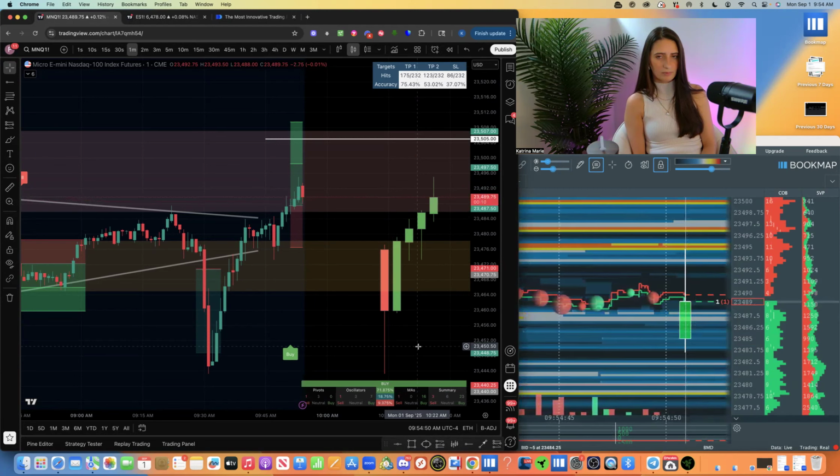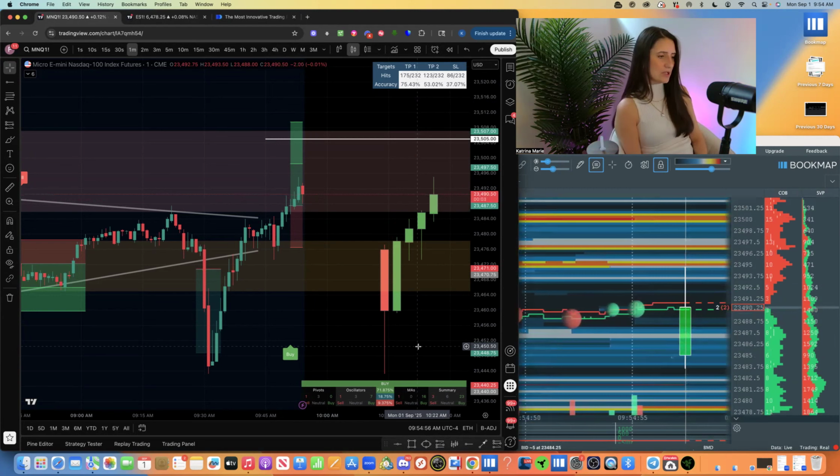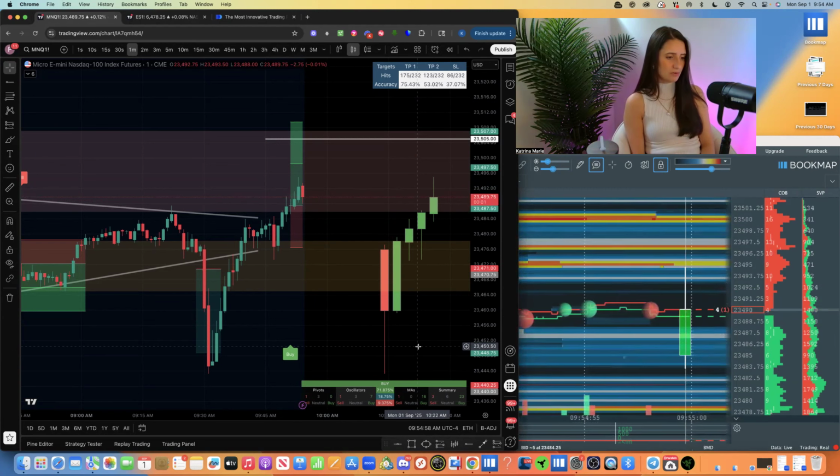We got 1 minute left, showing some weakening on the 5-minute candle.